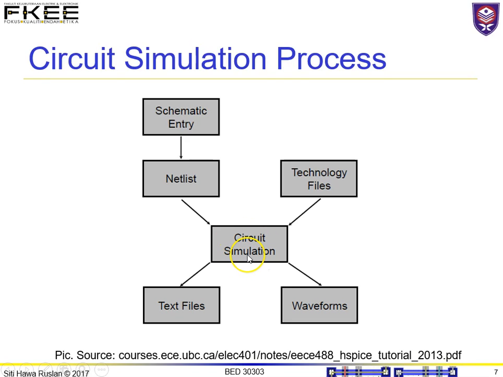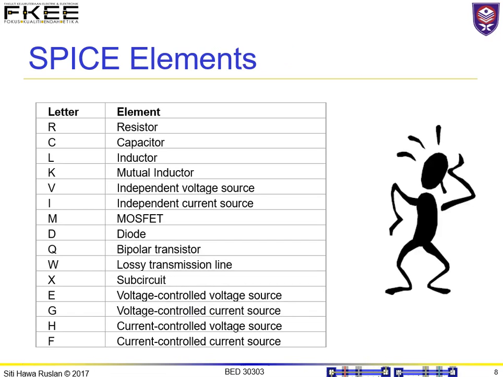After the simulation is done, you have two outputs. One is in terms of waveforms, whereby you can see all the relationships between the voltages or currents and so on. Another is the output in a text file. This is some sort of netlist plus all the waveforms and all the information regarding your circuit.